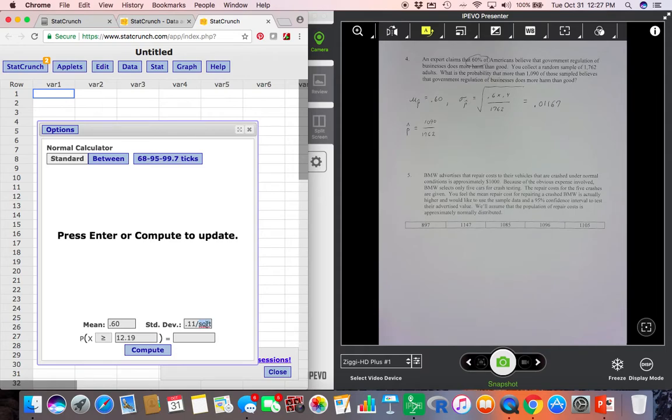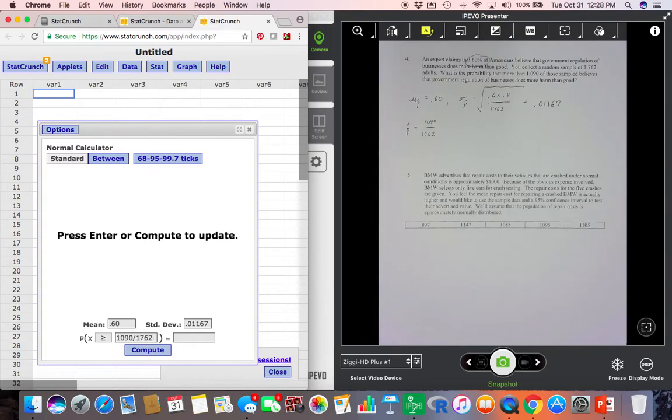We have a standard error of 0.01167. And we want the probability that it's greater than 1090 out of the 1762.